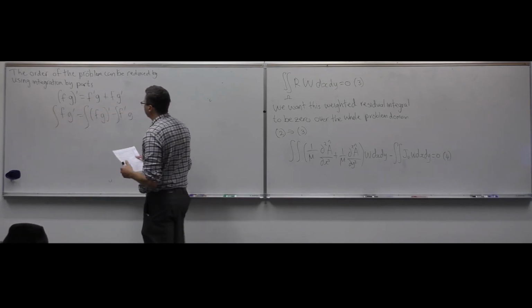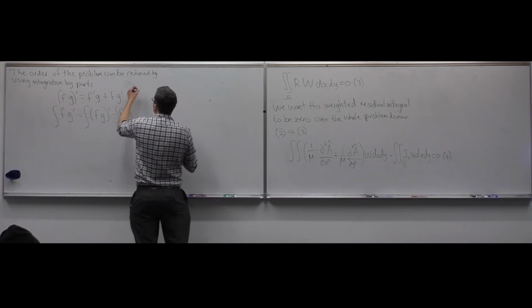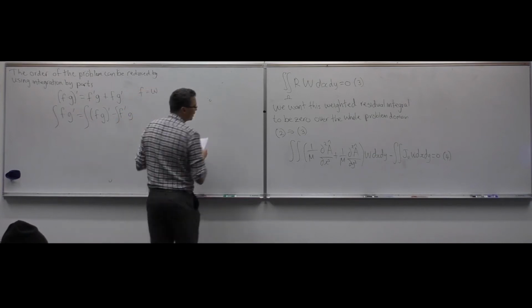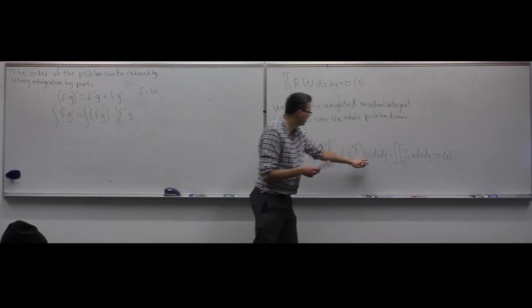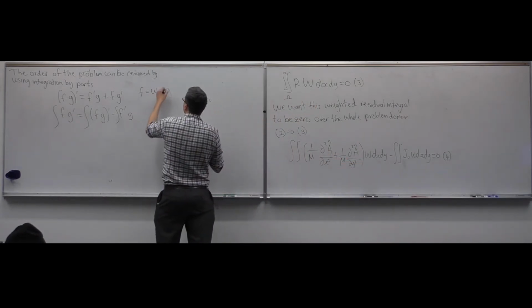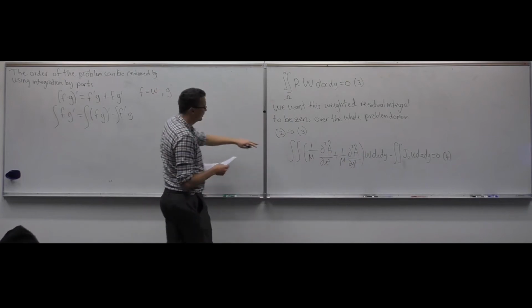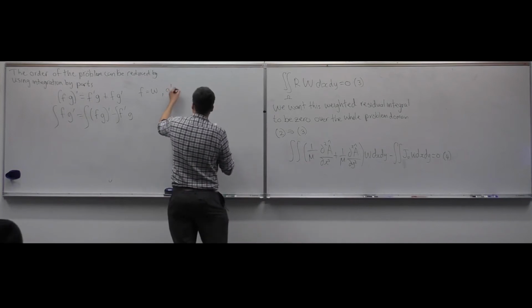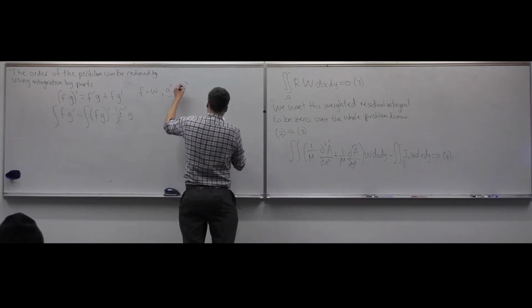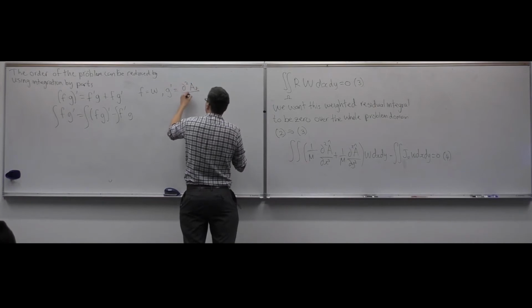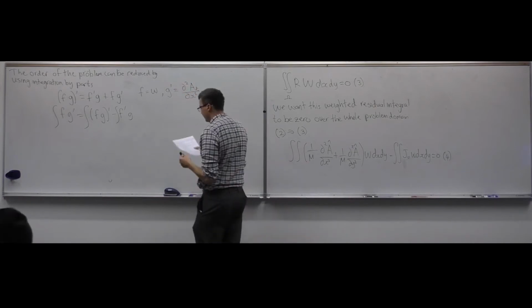So in our case, we can choose f to be W here, and since there are two terms, we can take the first term and just look at that, and that g prime would be the second derivative of Az with respect to x squared.